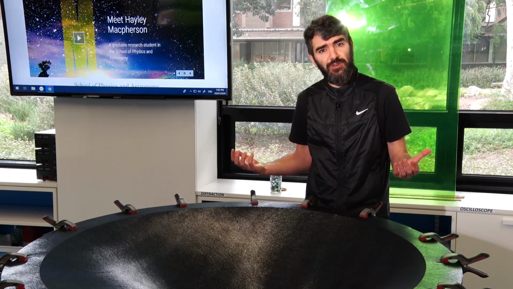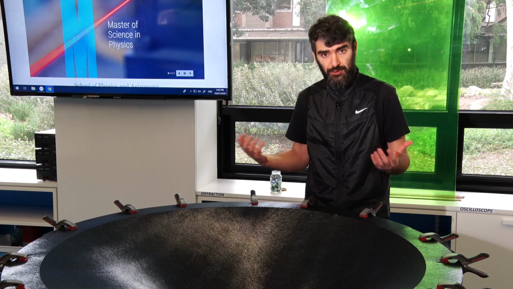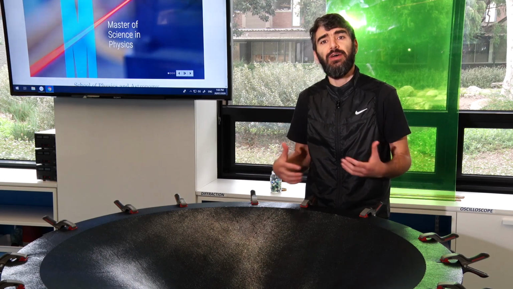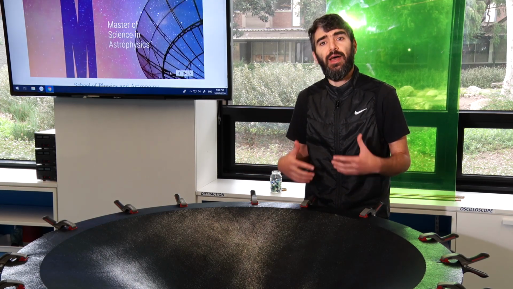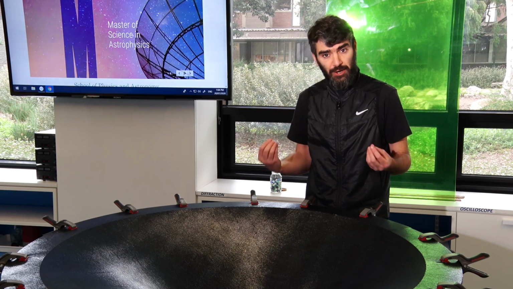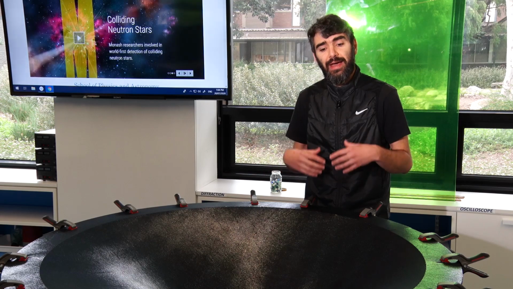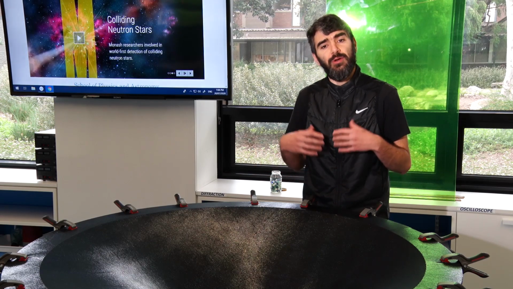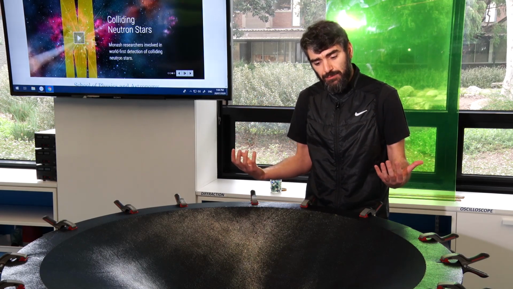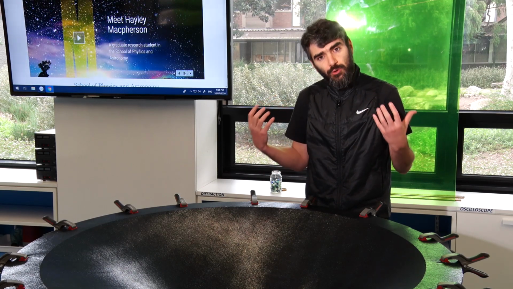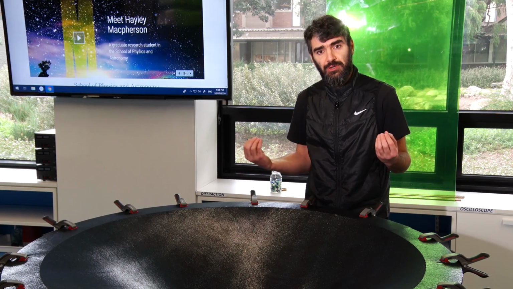And this is one of the very exciting topics of research here in the School of Physics and Astronomy at Monash, where we have a big group that plays a major part in the LIGO collaboration, trying to detect gravitational waves from the mergers of 2 black holes or 2 neutron stars, very dense, very compact objects, and trying to understand what they mean as far as the evolution of massive stars and the tests of general relativity on the most extreme scales imaginable.